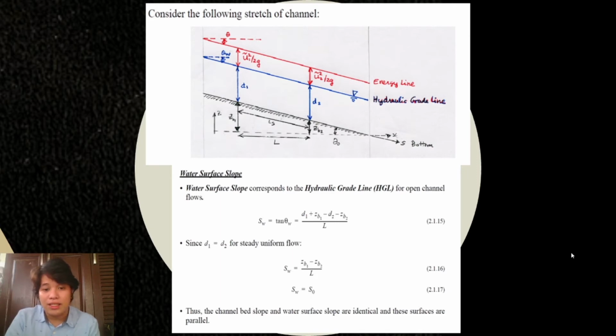But since it is a uniform flow, D1 is equal to D2. So we come to the equation that S, the slope of the water, is equal to the slope of the bed slope. So these surfaces are parallel.